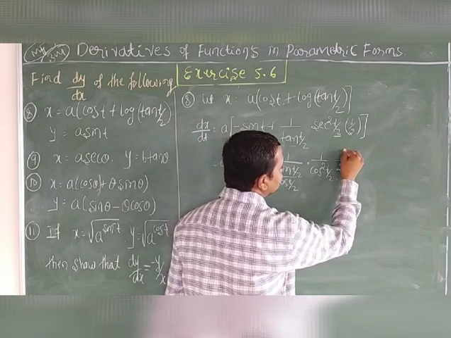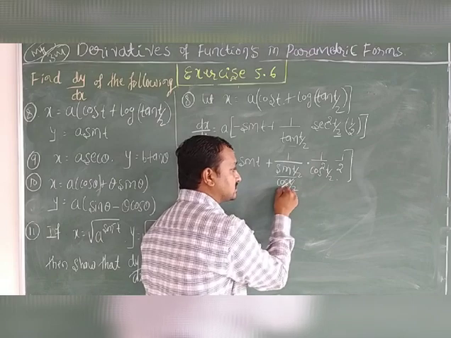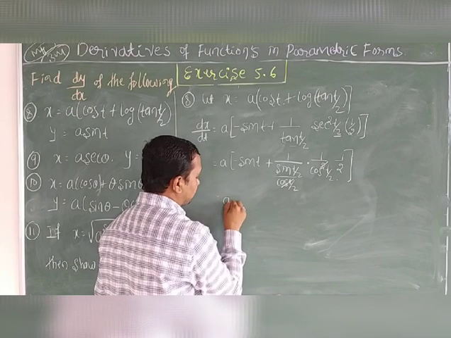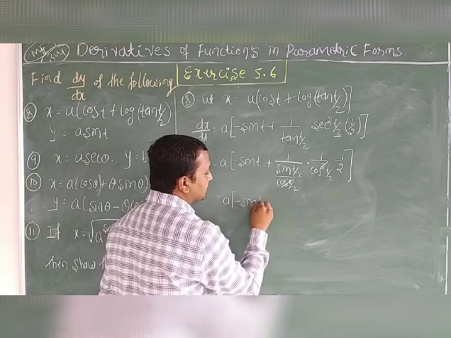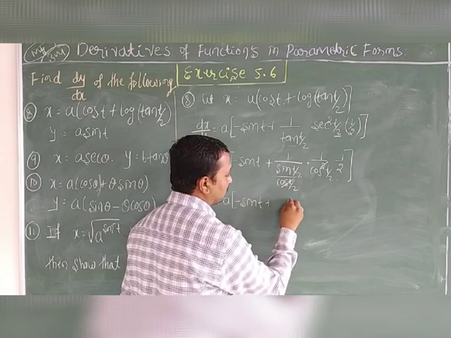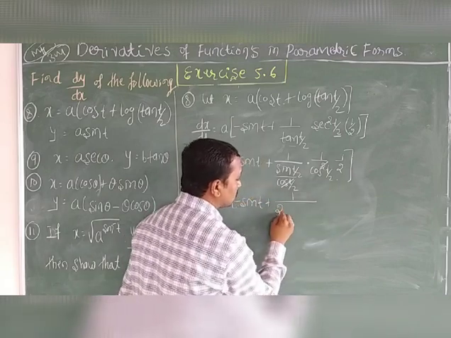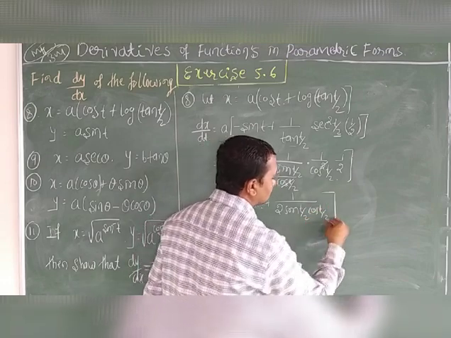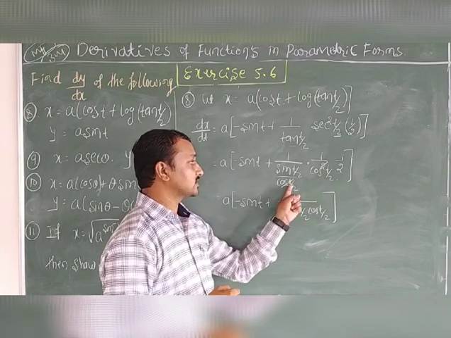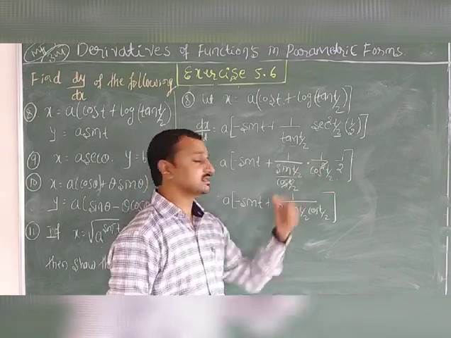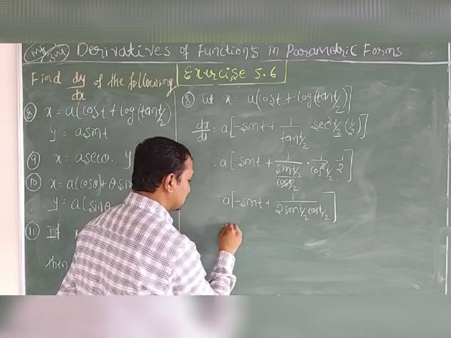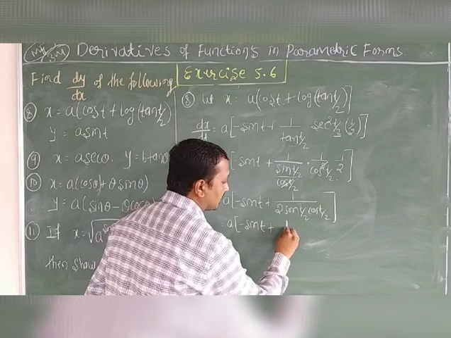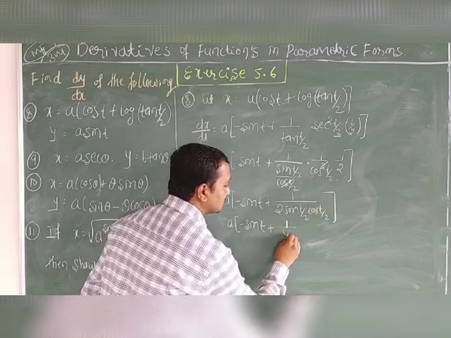And 1 by 2 as it is, because cos t by 2 and one cos t by 2 get cancelled. Then the step is a in the bracket minus sin t plus 1 divided by 2 into sin t by 2 into cos t by 2. This is the half angle formula, so you can write a in the bracket minus sin t plus 1 divided by sin t.